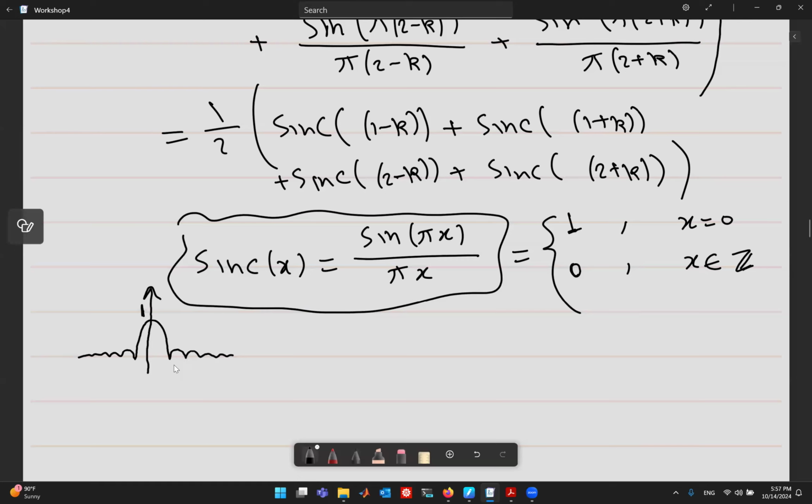And those nulls are at pi, 2 pi, 3 pi, and so on.